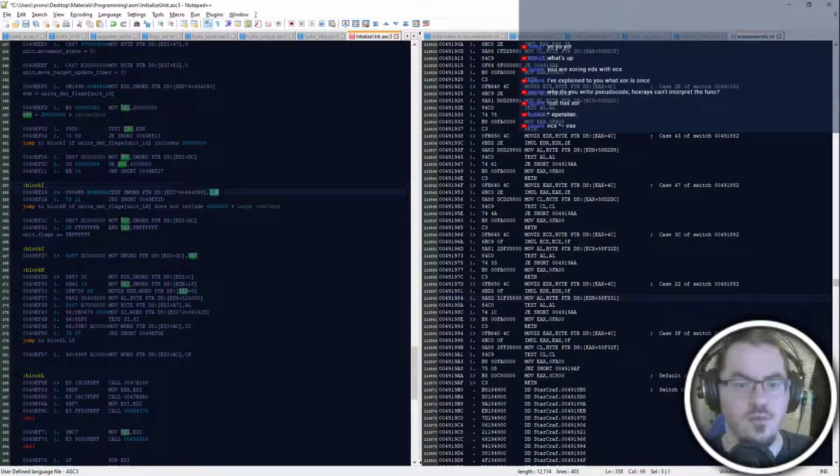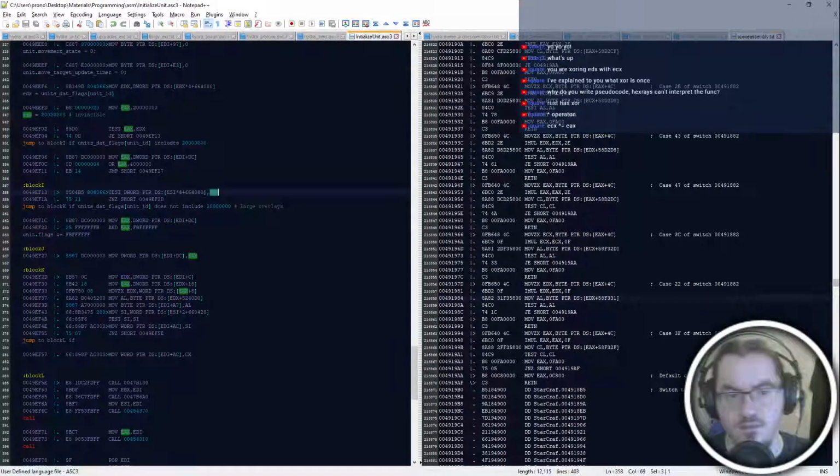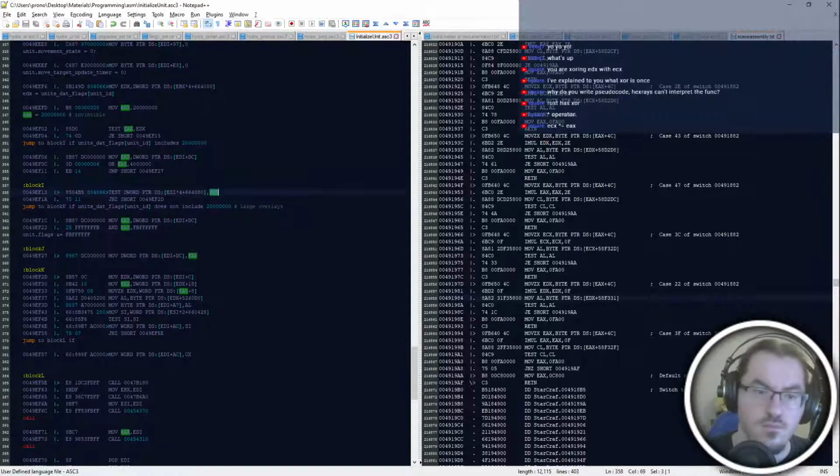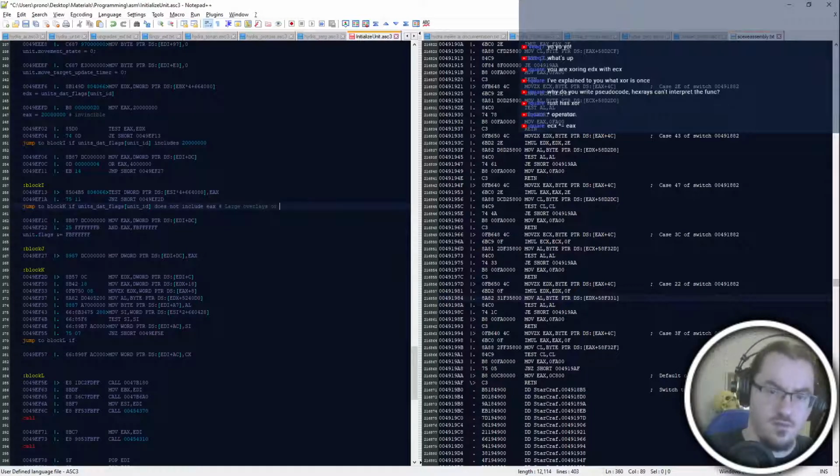Oh wait. Before this EAX, it's checking if it's invincible, right? Because this is before, yeah, it would jump to block I. Then it would be jumping to block K if it does not include EAX or invincible.